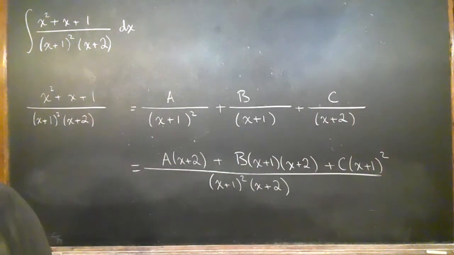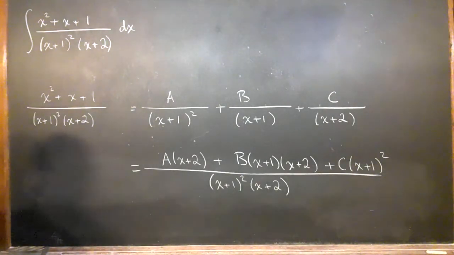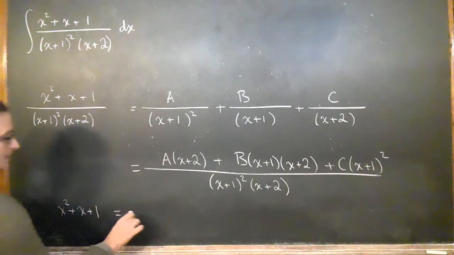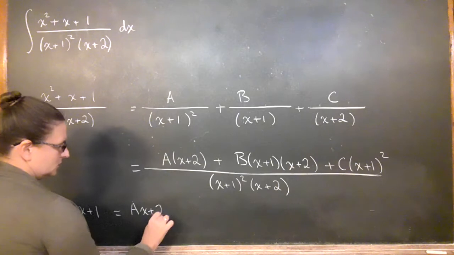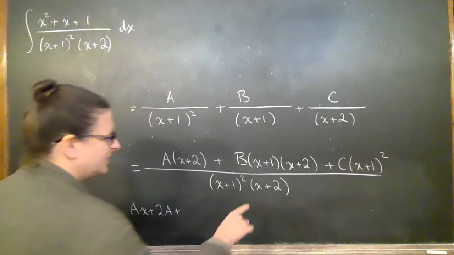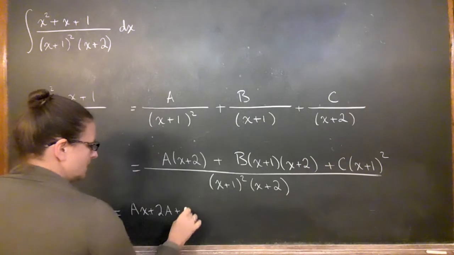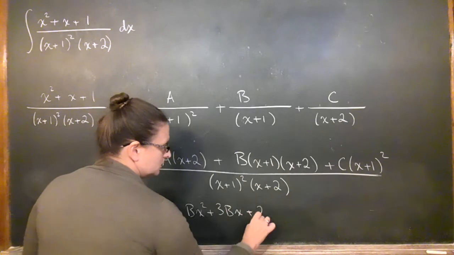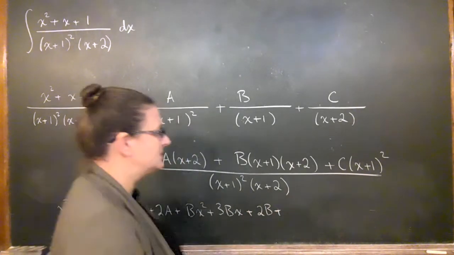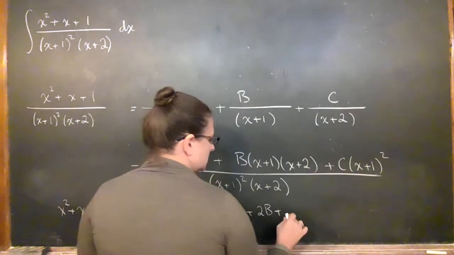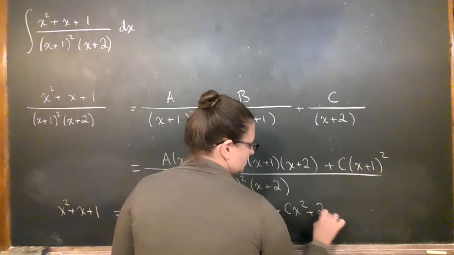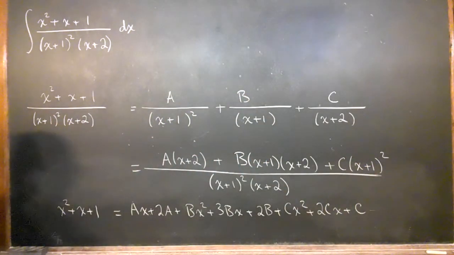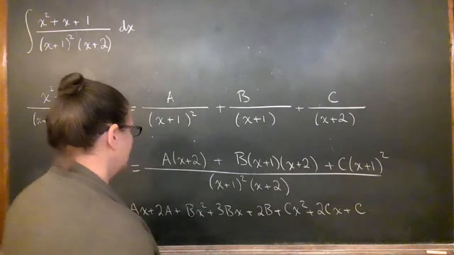Now if we work all this out, I have ax plus 2a plus, this is x squared plus 3x plus 2, so bx squared plus 3bx plus 2b plus, and then this is x squared plus 2x plus 1, so cx squared plus 2cx plus c. Maybe writing those down in 2 steps is better than doing it in your head.